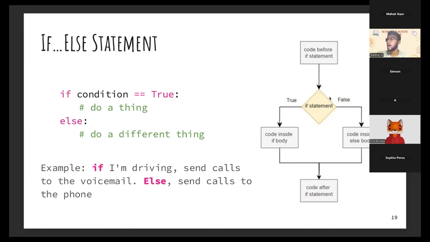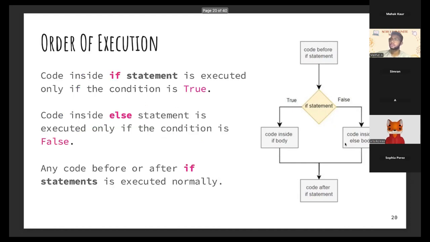Let's say I'm not driving, which means that statement is false. Then it'll send the calls to the phone, which is inside the else body. Code inside the if statement is executed only if the condition is true. Code inside the else statement is executed only if the condition is false. Any code before or after if statements is executed normally.